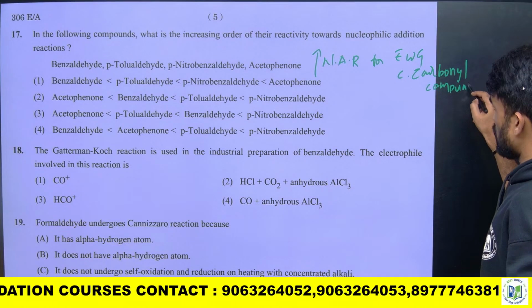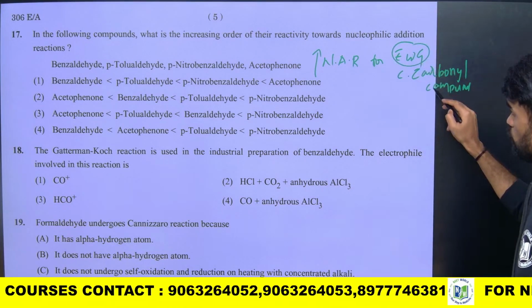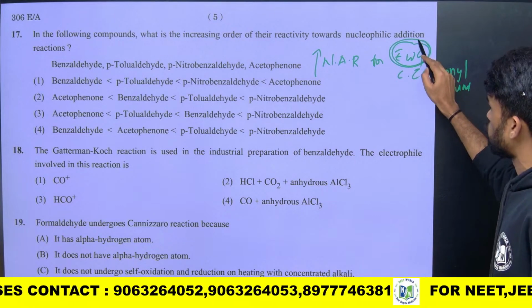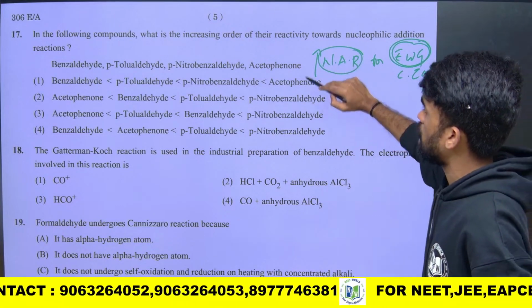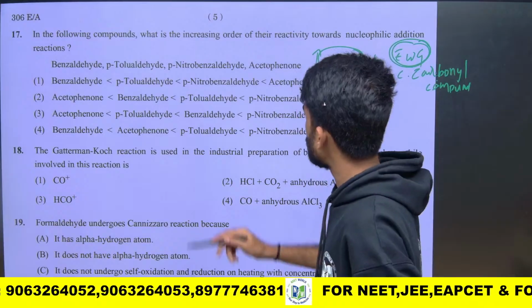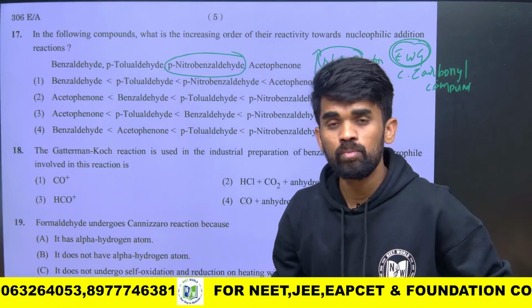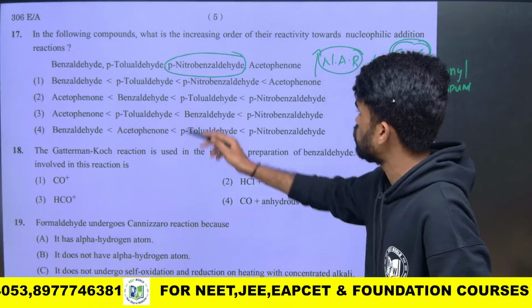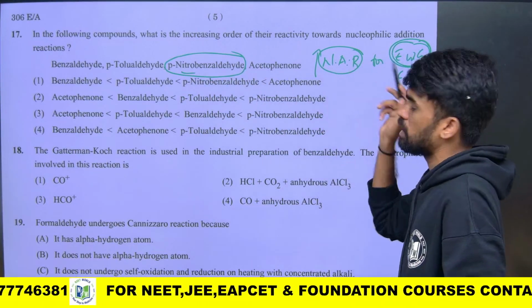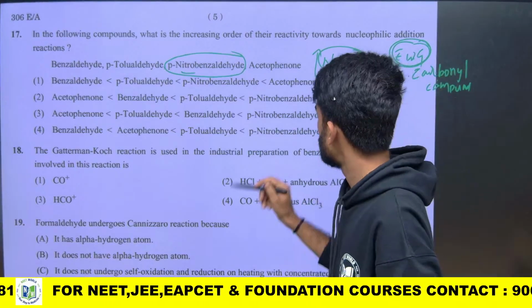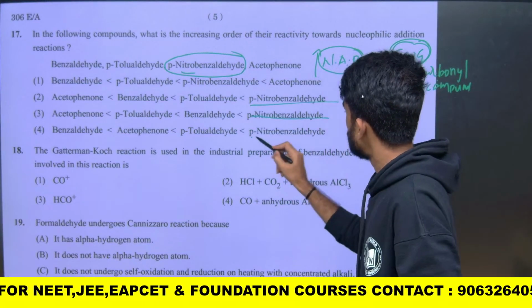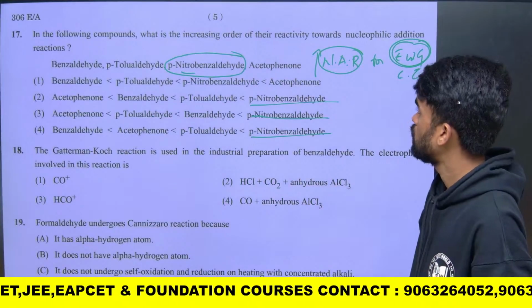So now here you can see para-nitrobenzaldehyde, yes, that is more reactive. Why is it more reactive? The nitro group is an electron withdrawing group, so it increases the rate of nucleophilic addition. So nitrobenzaldehyde, that is correct.